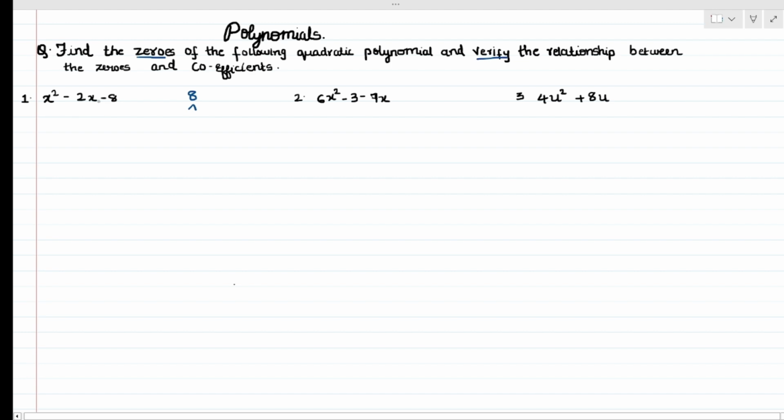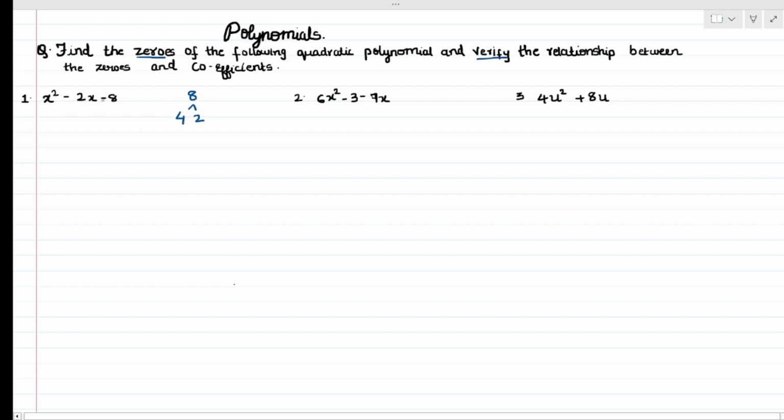Here my sign says minus, which means the two numbers should be taken such that their subtraction gives me 2x. What are the factors of 8? The factors of 8 are 4 times 2. If I multiply 4 with 2, I get 8, and if I subtract 4 minus 2, it also gives me my middle term, which is 2.